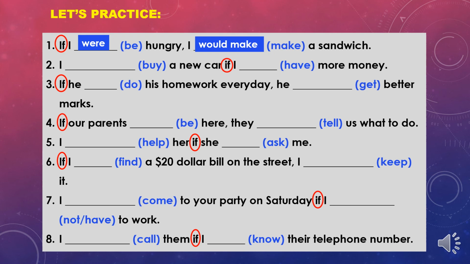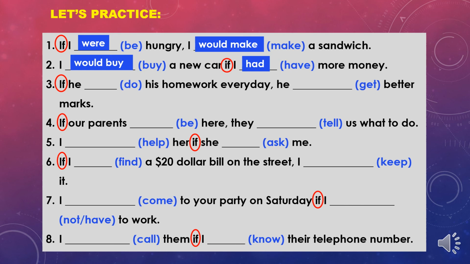Cuando hablamos de una condición, no voy a poder usar I was, okay, sino I were or weren't, right? Number 2, I a new car if I more money. Okay, I would buy a new car if I had more money. Okay, yo me compraría un nuevo auto si tuviera más dinero.